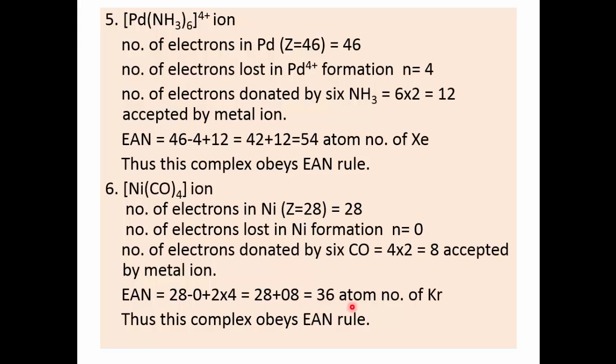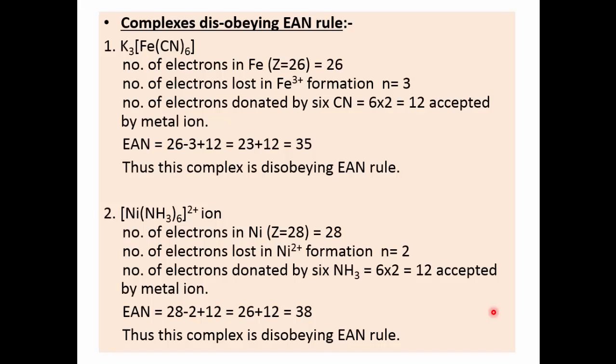Again this is the atomic number of krypton, which is nothing but the inert gas configuration, and hence this complex obeys EAN rule. So these are the complexes obeying EAN rule.